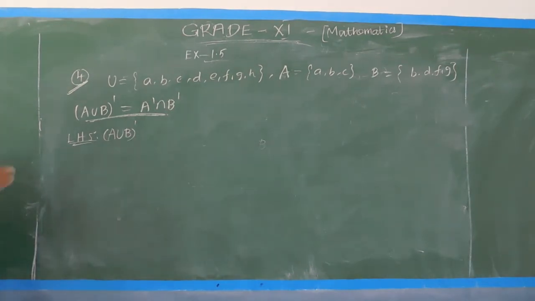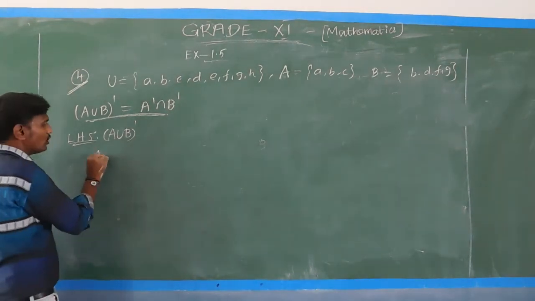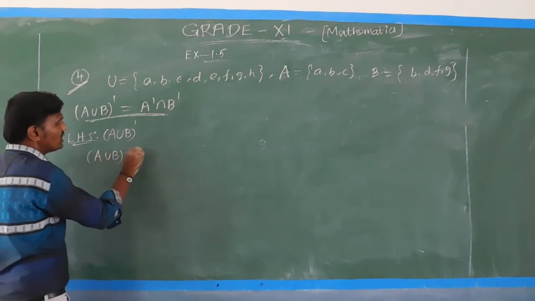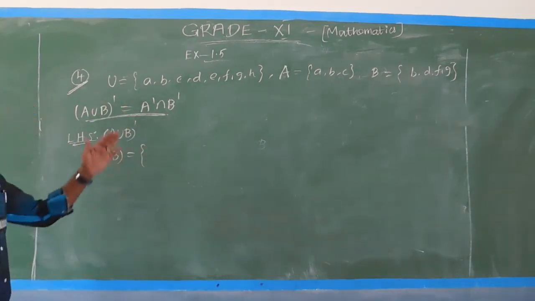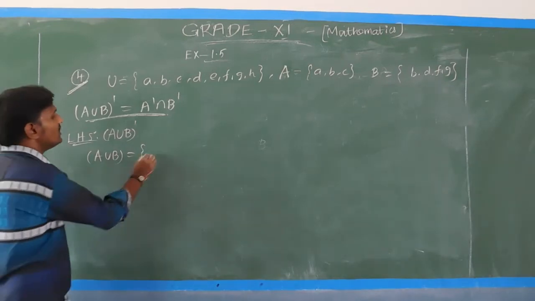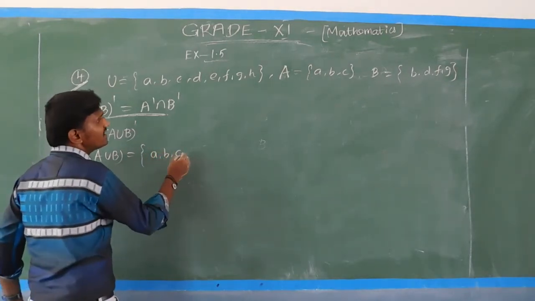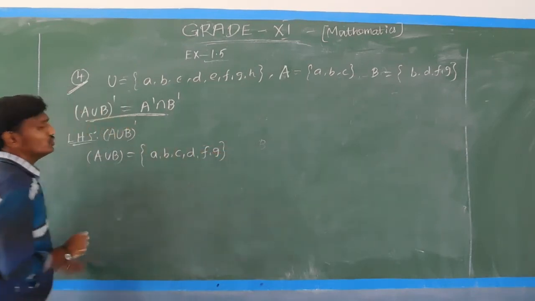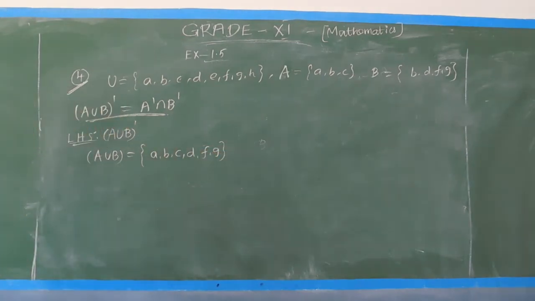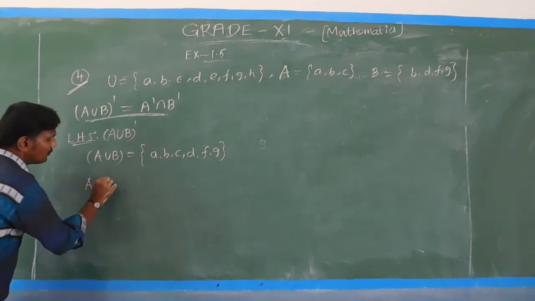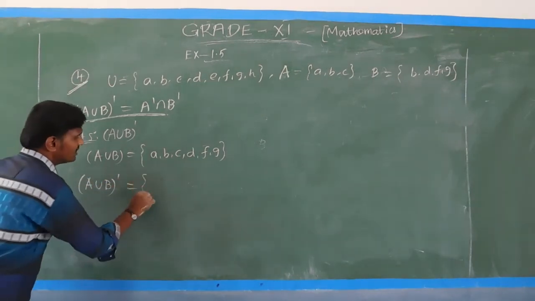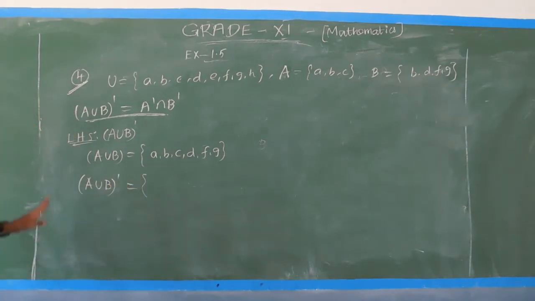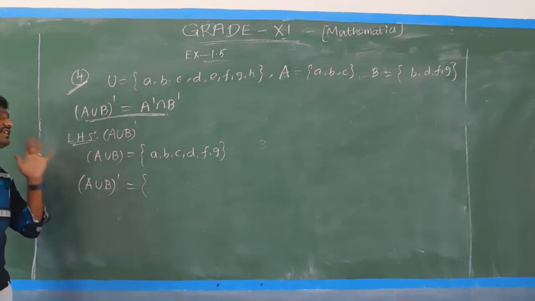Okay. Now for that (A union B)', first I am going to find A union B. So what is your A union B? Join the elements of A and B. It will come A, B, C, D, F, G. So this is your set, the union of A and B. Now I am going to find (A union B)'. So this is very simple. I am taking the elements of the universal set that are not in A union B. Okay.